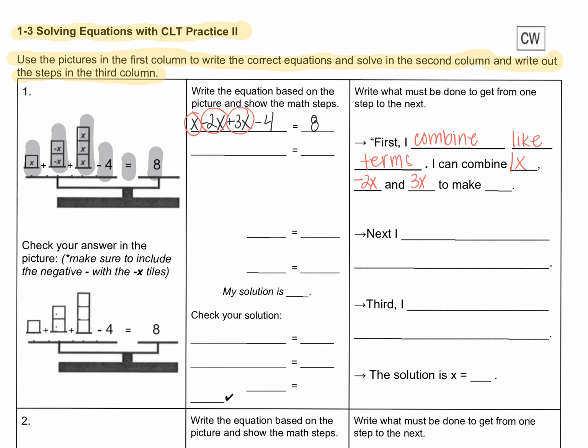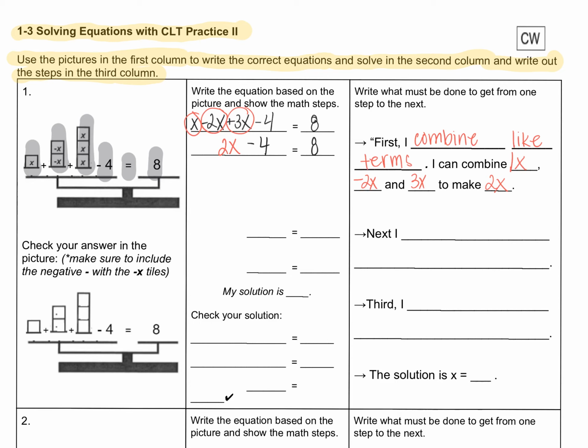This is a 1x. So 1 minus 2 plus 3 is equal to 2. So I can combine 1x, negative 2x, and 3x to make 2x. So then I'm going to write 2x minus 4 equals 8.